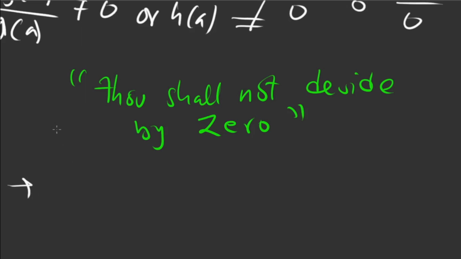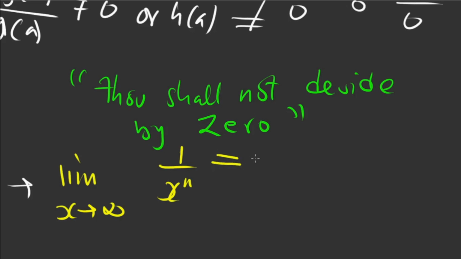So what happens is, if you have the limit as x goes to infinity of 1 over x squared, then this will give you 0 if n, which is the index, is positive, meaning is greater than 0.